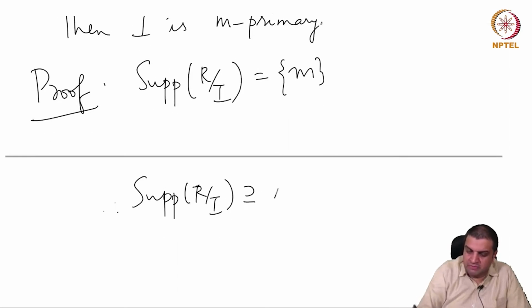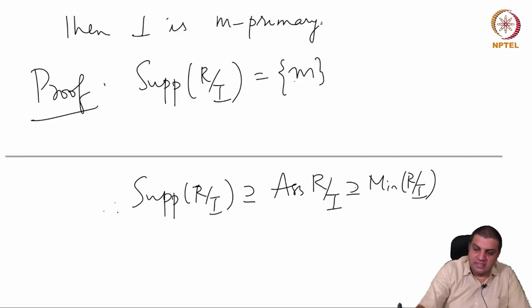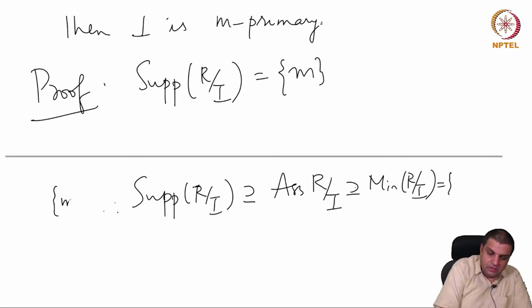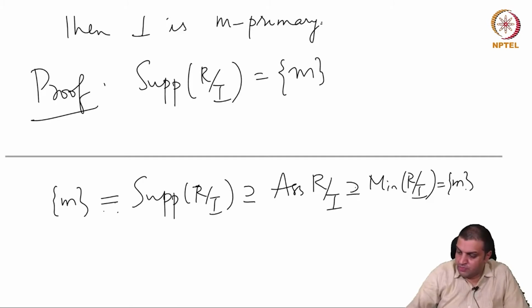So remember, we have this inclusion. There's only a singleton element here, which means it is its own minimal. So this is also equal to n.